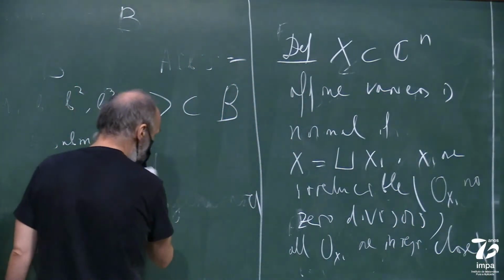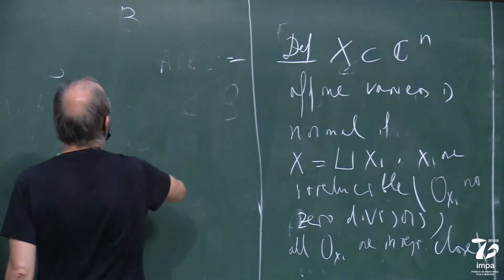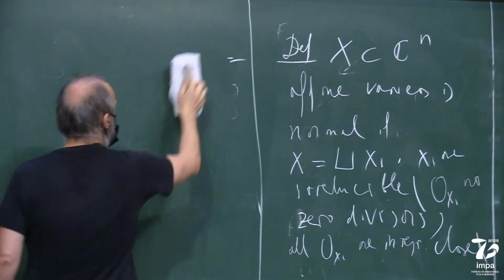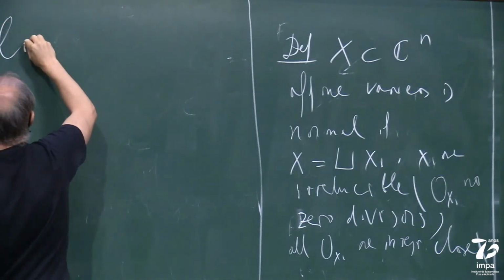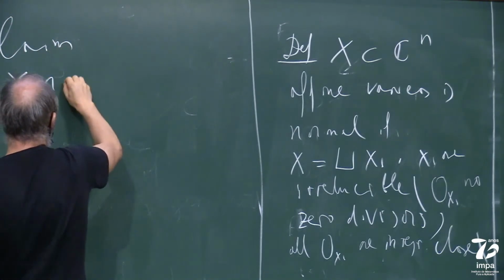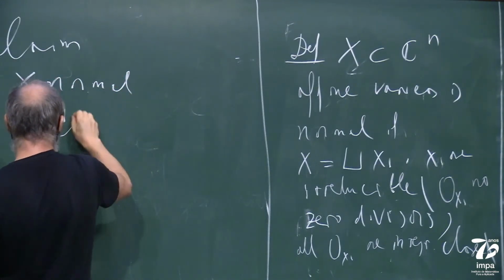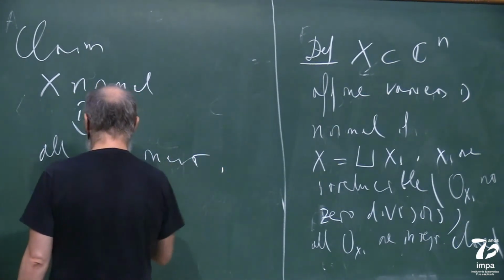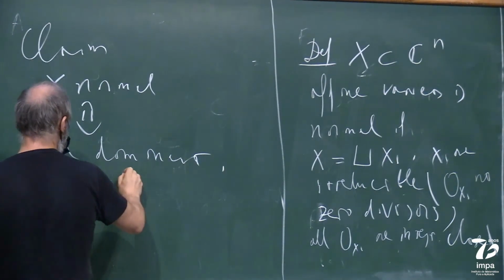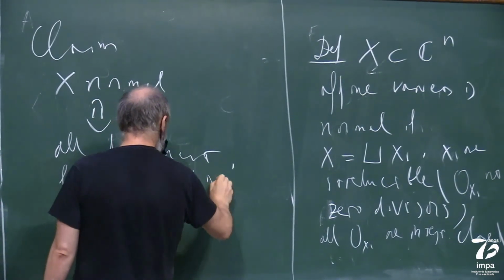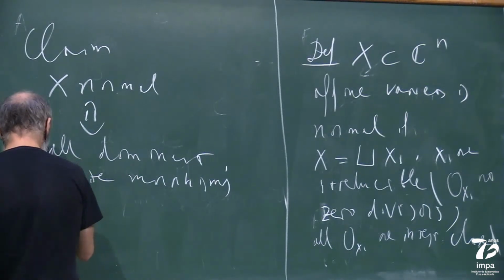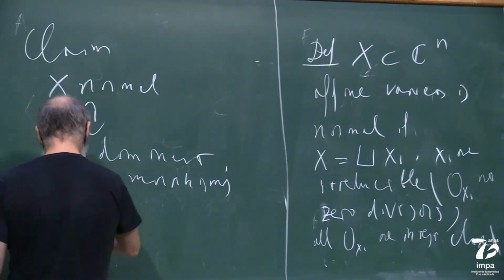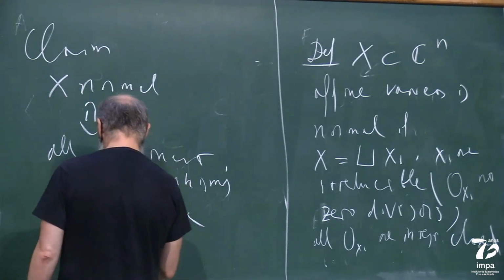And now we can characterize this geometrically. Claim: X is normal if and only if all dominant finite birational morphisms from Y to X are isomorphisms.